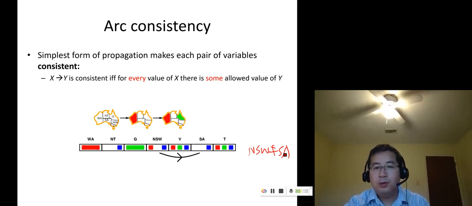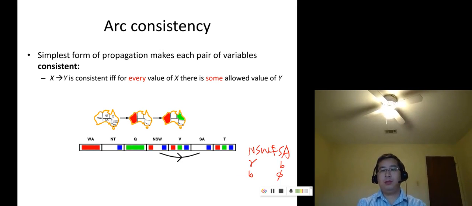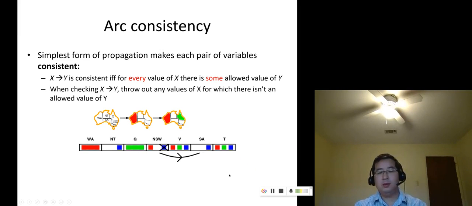And then if NSW chooses red, SA can choose blue. But if NSW chooses blue, SA has an empty set, correct? So SA cannot choose any value. So this is not consistent. Okay, this is the idea.